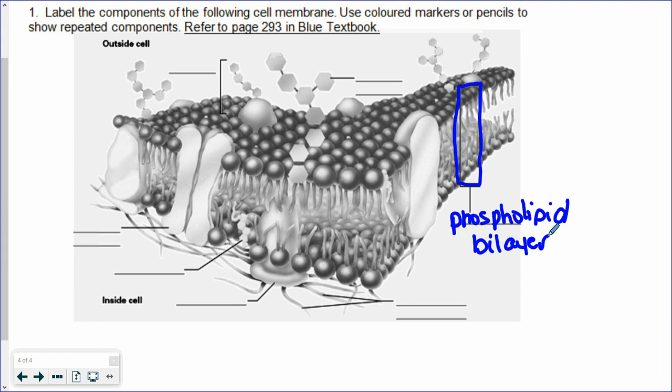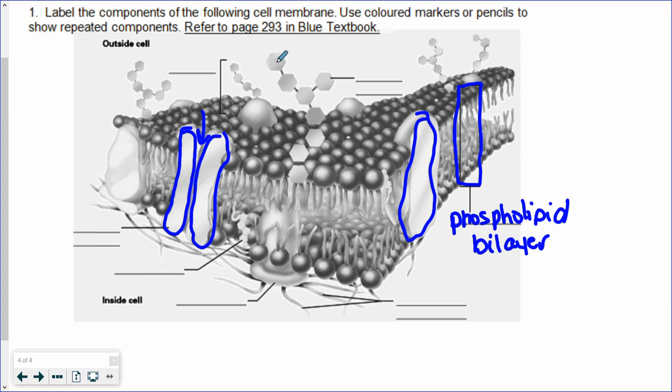Basically everything else in this diagram, if you went to page 293, is straight from that. So we don't really need to worry too much about it, but we have just those membrane proteins, something like this. This is a channel protein. It's sometimes called an integral protein because it integrates between the two layers. So things can flow through that little channel.